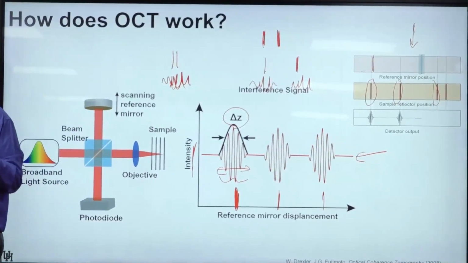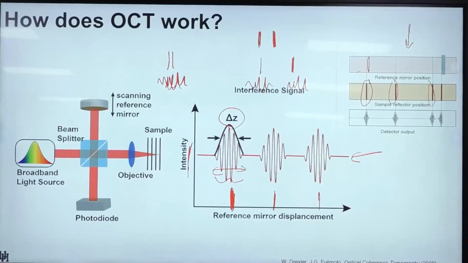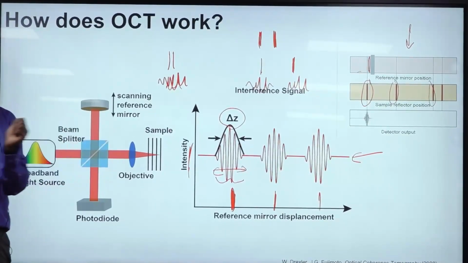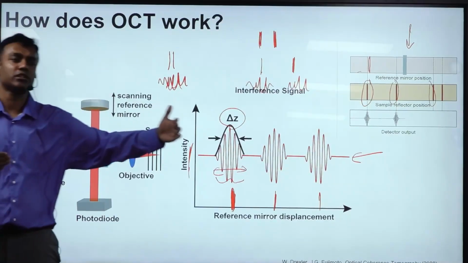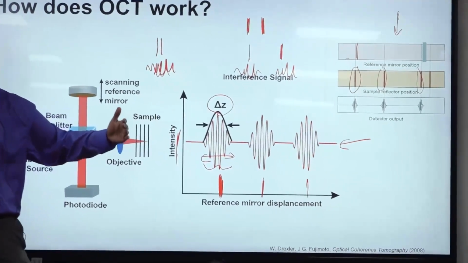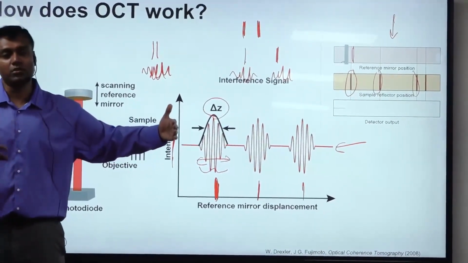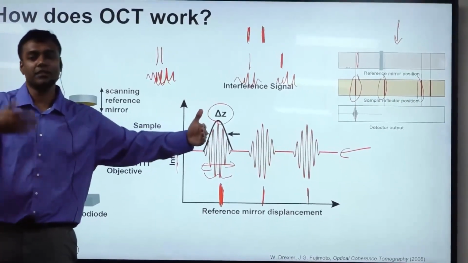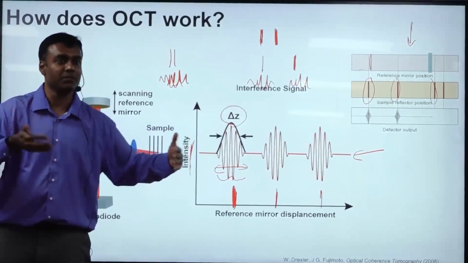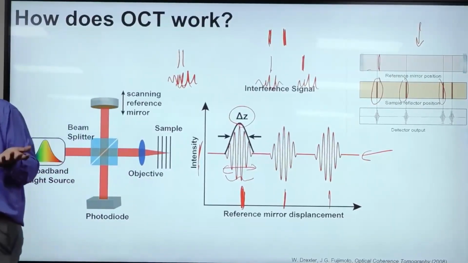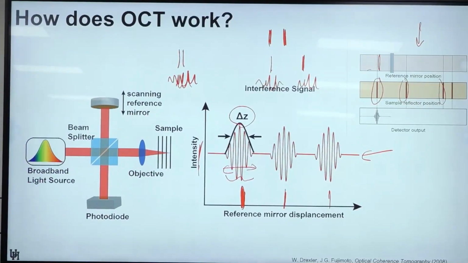So instead of making time measurements, you make a comparison measurement. And comparison, you can do slowly; you don't need to do it fast. In your own time, you can move the mirror, make a measurement, move the mirror, make a measurement, right? So you can do it as slowly as you like. So the time constraint is gone.